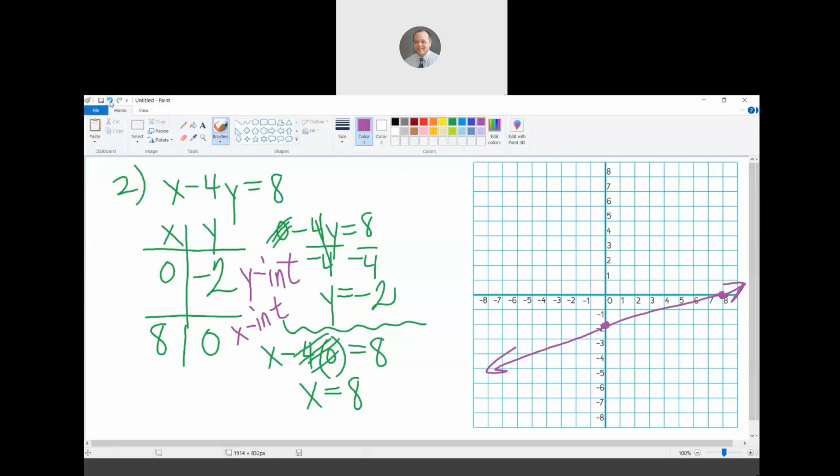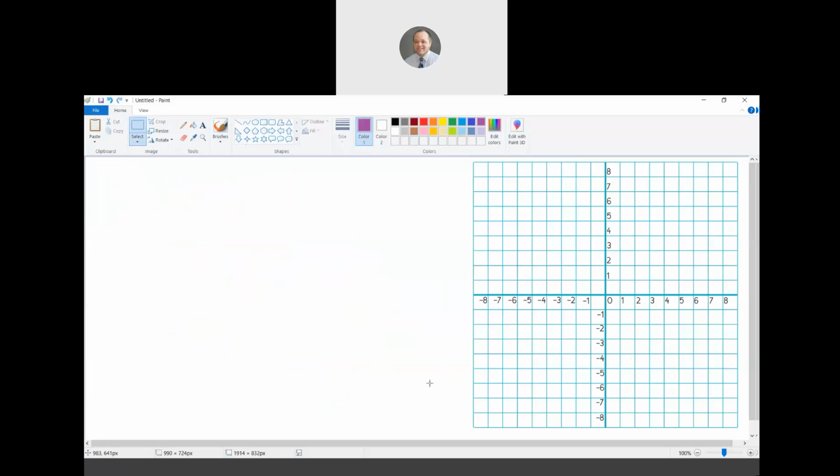The next question has the same directions. Where you're given a line, and we need to use the intercepts to graph the equation. So here's our equation. Just a second, I'm copying it from my notes.